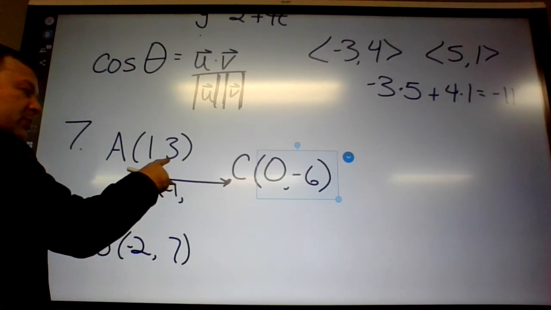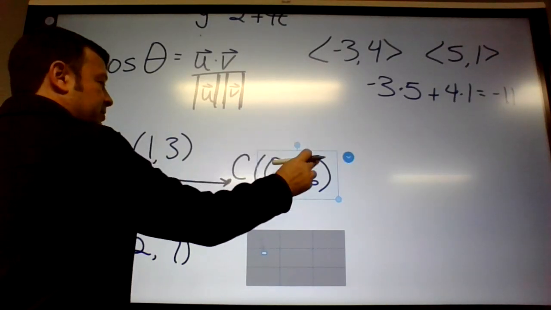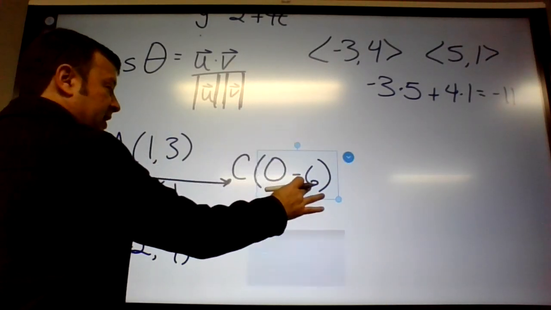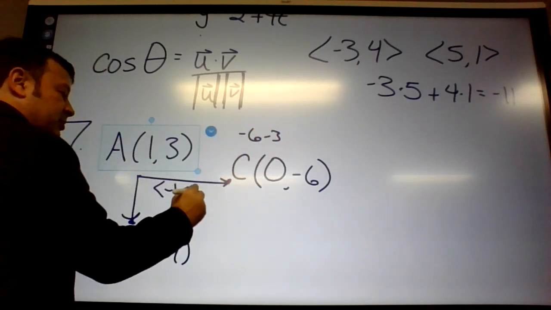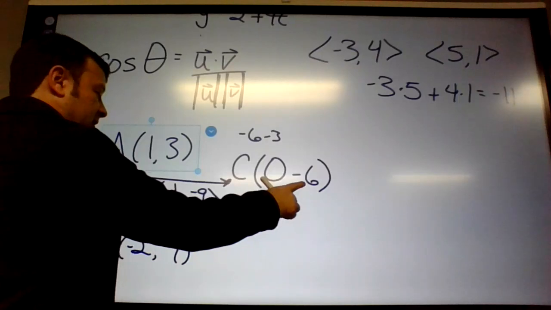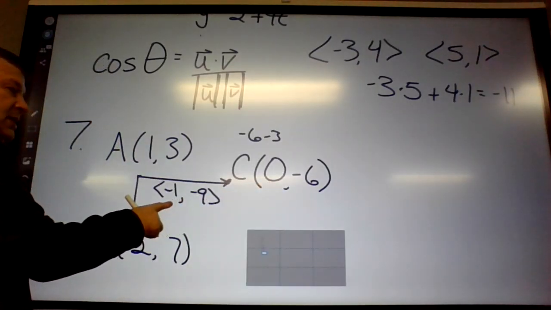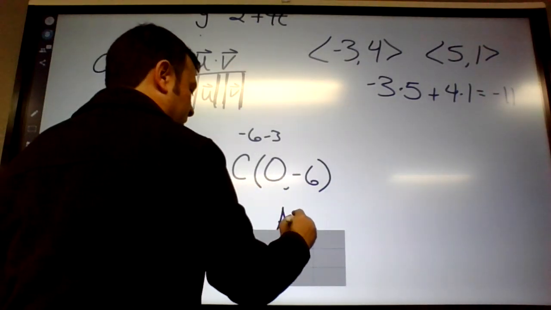For the y component, we're moving from 3 to -6. That's -9. If you're not sure, you subtract backwards. You do -6 minus 3. So it's moving -9. We're going from 3 to -6, that's dropping 9. So vector AC is -1, -9.